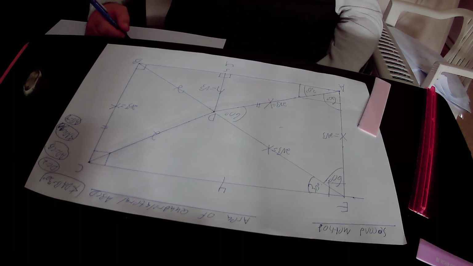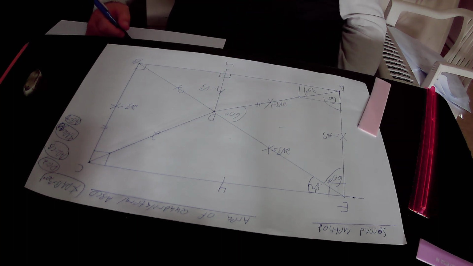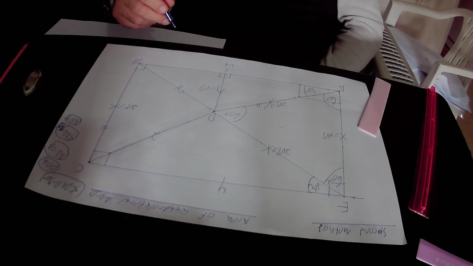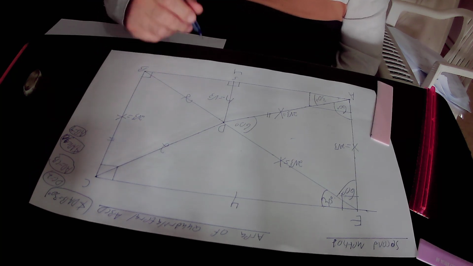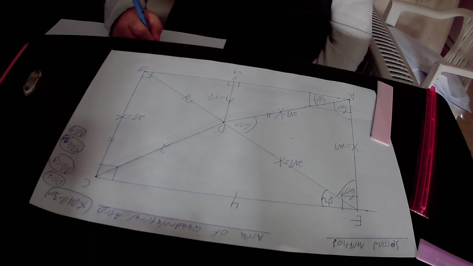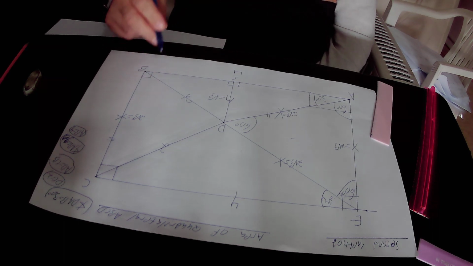The semi-perimeter of any triangle is equal to the perimeter over 2. The perimeter of triangle DBC, so this is 2 plus 2 plus 2 times square root of 3.